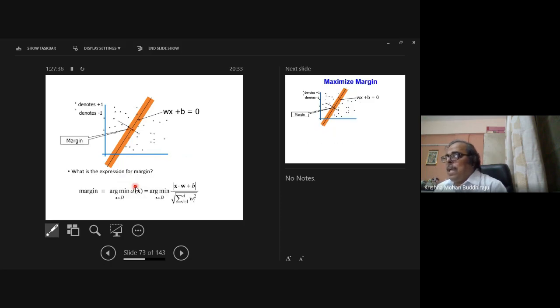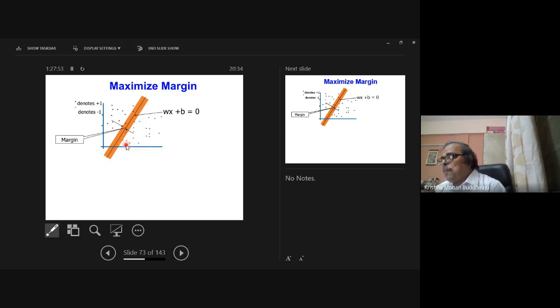So which are the X for which the distance is minimum? That is the first step. The second step is to find the W and B for which the nearest distance is maximized. The nearest distance is your margin. So you want to maximize this.